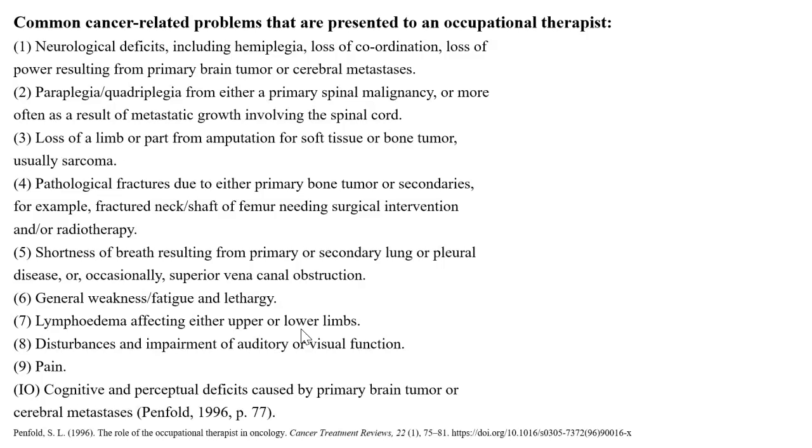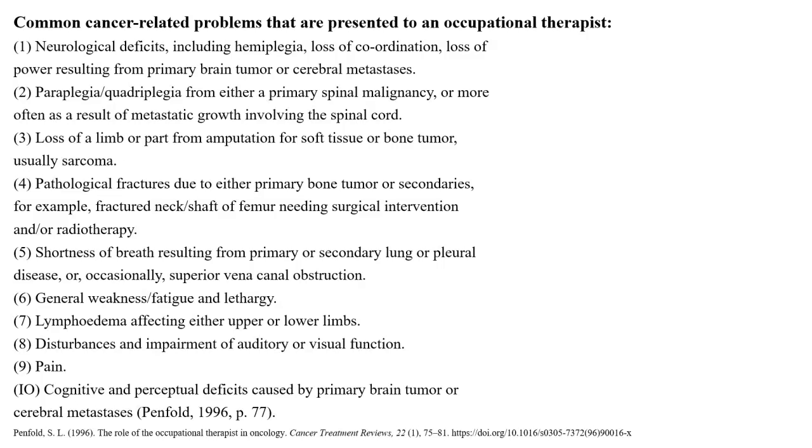Now, common cancer-related problems that are presented to an occupational therapist. These are important to understand because once you're working in a clinical setting and you see a client's medical record, you should be able to understand the client may present with these deficits due to the cancer or due to the medical interventions they are getting.